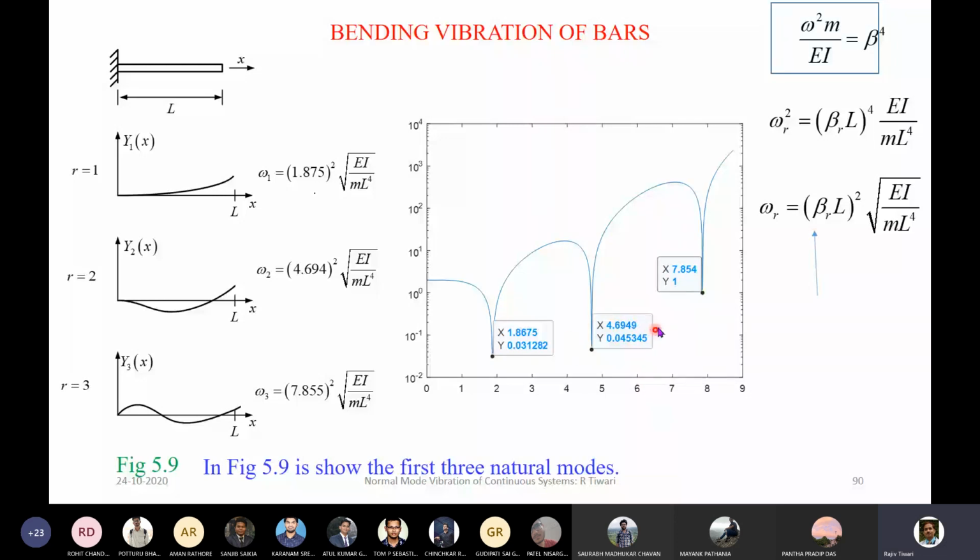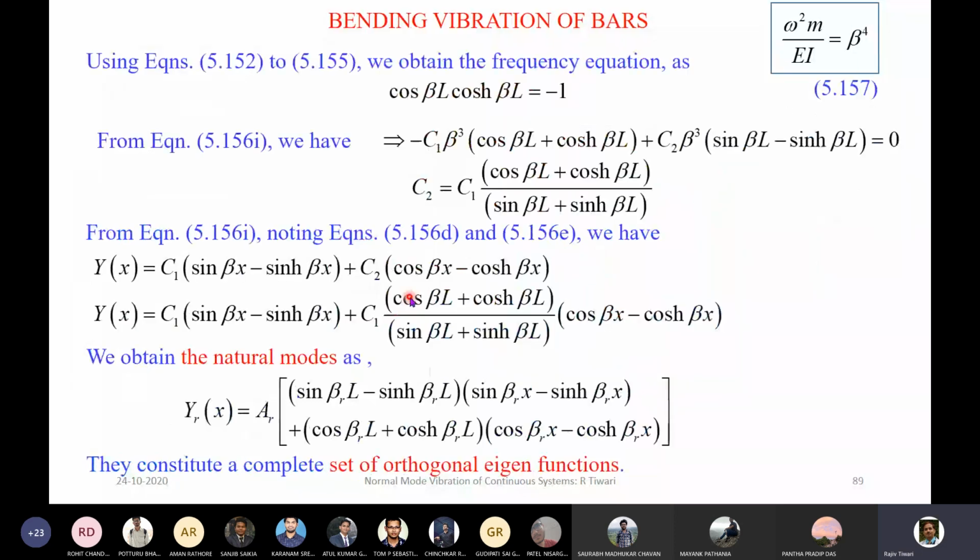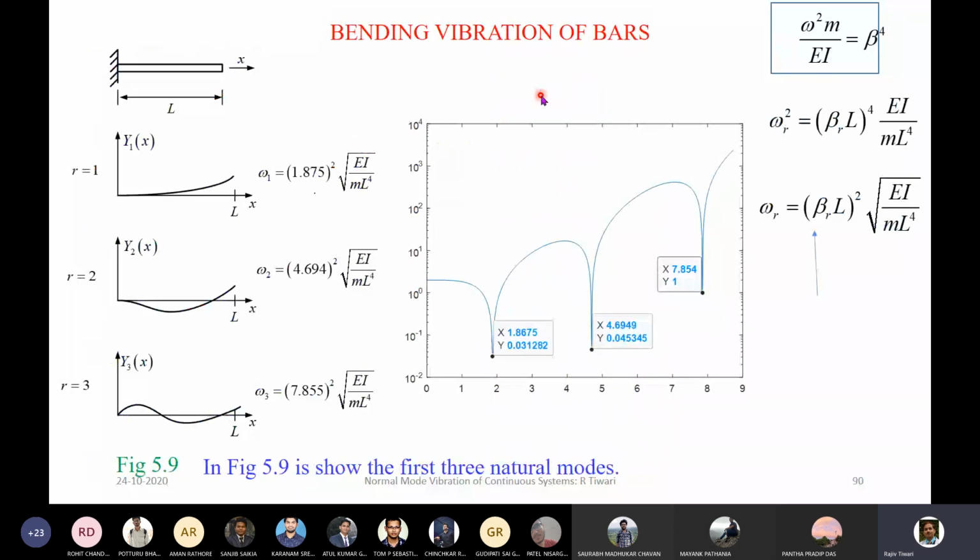So these are the natural frequencies of the system where the function which I defined here is becoming 0. That is, the roots of this equation. So these are giving the natural frequency. Now we have seen how to obtain the natural frequency, the beta R L. Once we put the beta R L, the natural frequency can be obtained from here.